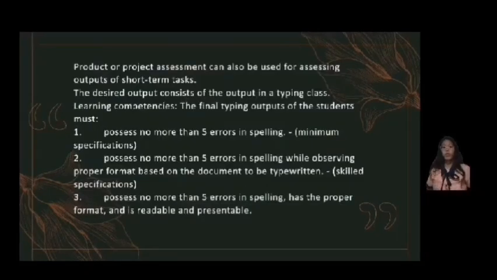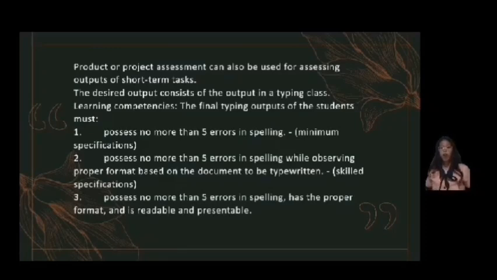And also, the product assessment can also be used for assessing output of short-term tasks. For example, the desired output consists of the output in a typing class. So their learning competencies or the final typing outputs of the student must first possess no more than 5 errors in spelling. That is the level 1, which is the minimum specification.